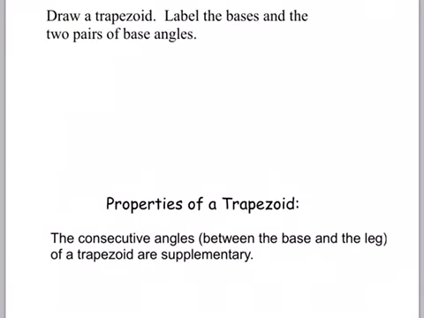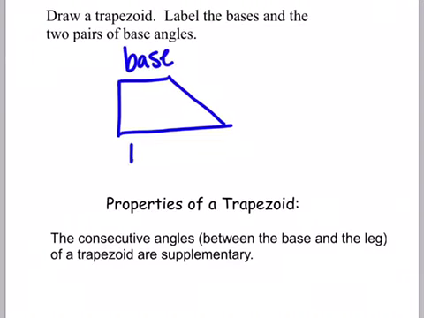Draw a trapezoid, label the bases and the two pair of base angles. So if I were to draw a trapezoid, I know that the top and bottom are parallel from one another. So the bases are parallel. The legs are not.